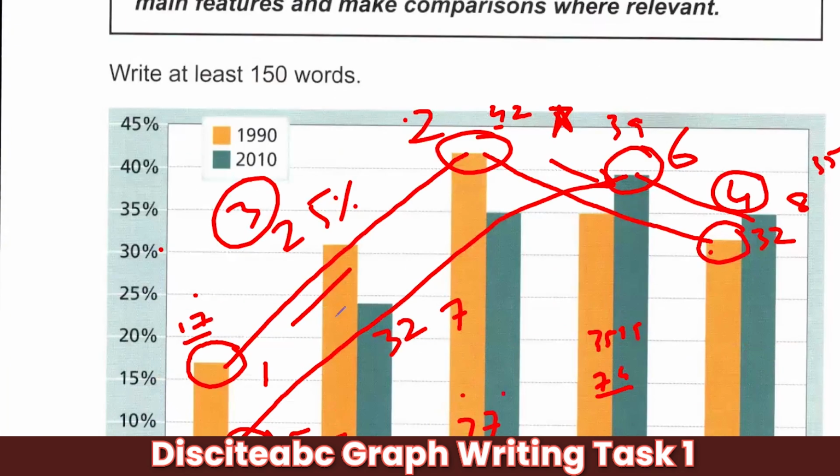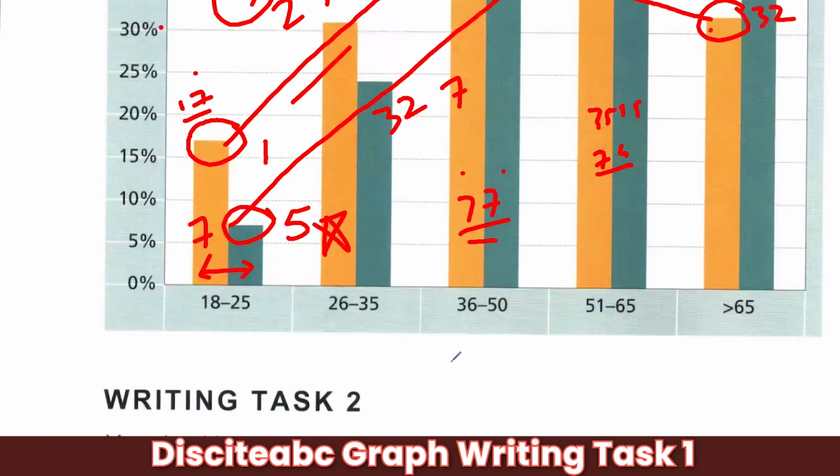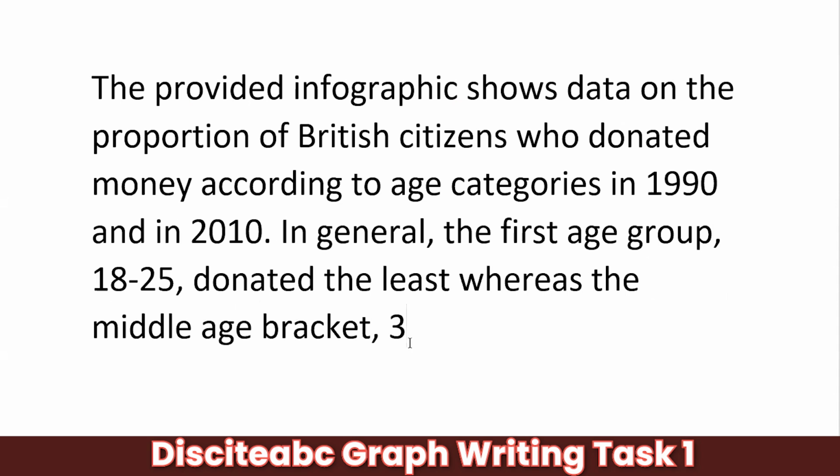Let's have a look. 36 to 50 donated the most. We've not given any numbers, we've just written their names. 18 to 25, I mean, that's not the proportion. That's just the name of the group.